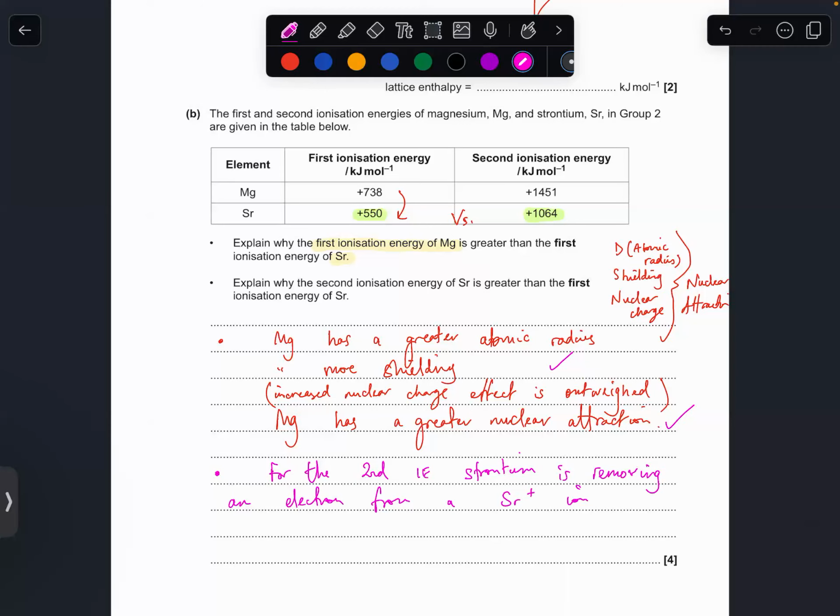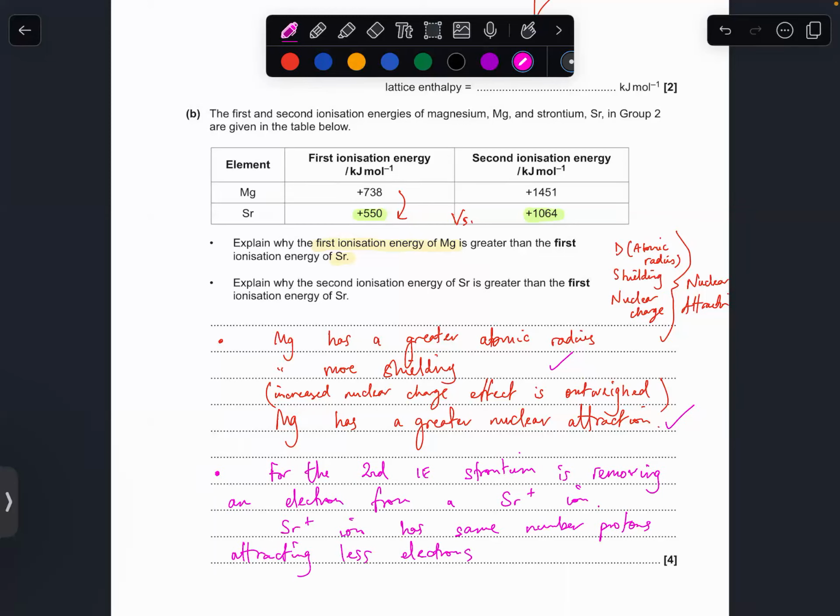So the Sr plus ion has the same number of protons attracting fewer electrons.